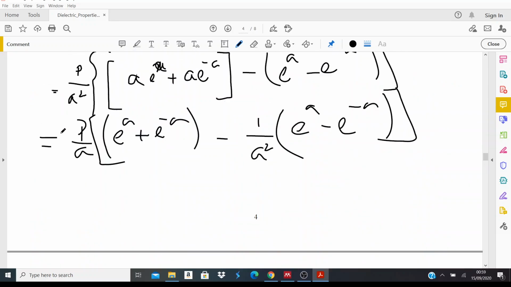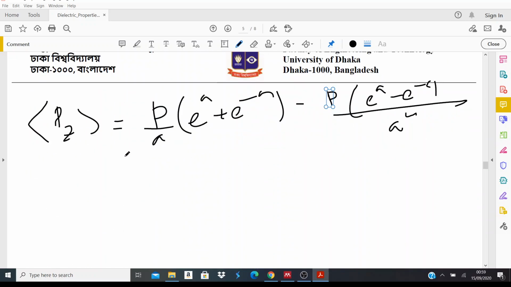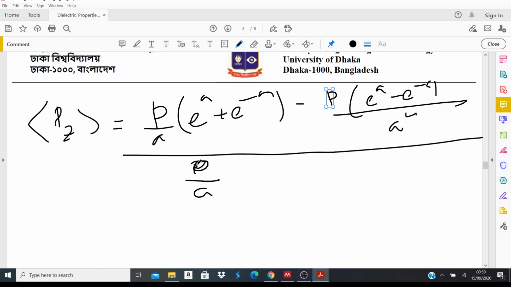There's the a square term here. That's the numerator, and on the denominator we have nothing but 1 by a times e to the power a minus e to the power minus a, right? You can see that this a for the first factor is gone.